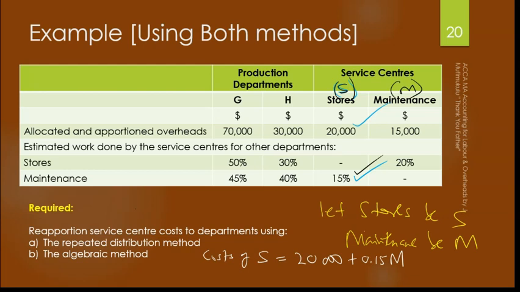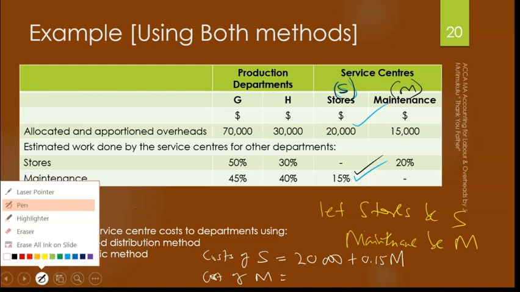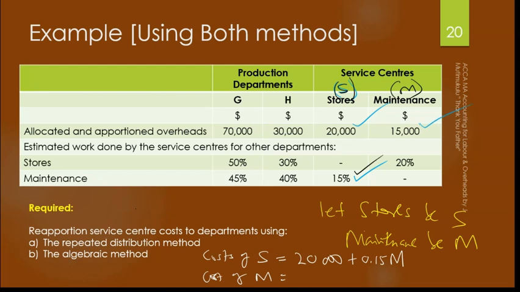All right, then cost of M, the cost of the maintenance department, equals the 15,000 given in the question, plus 20% of the stores' services.